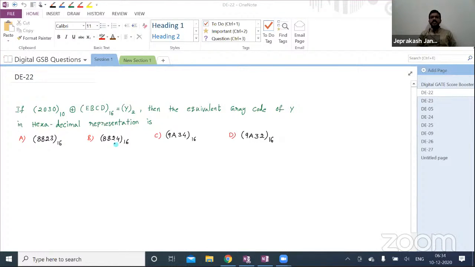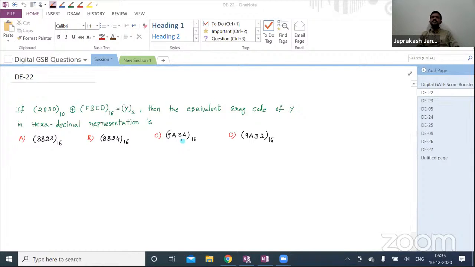First read the question. Either you can take a screenshot of the question in order to save time. First read the question and tell me what the concepts involved in this particular question are. What are the concepts involved? This question belongs to which chapter?